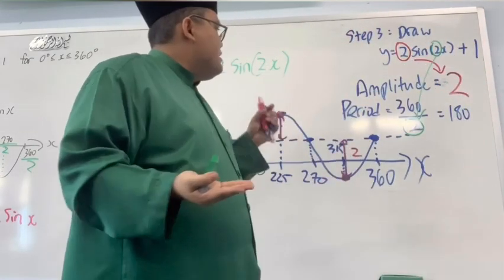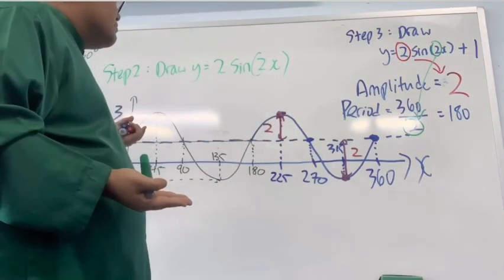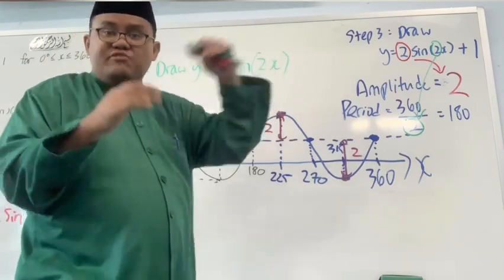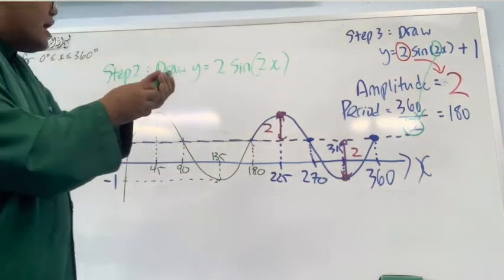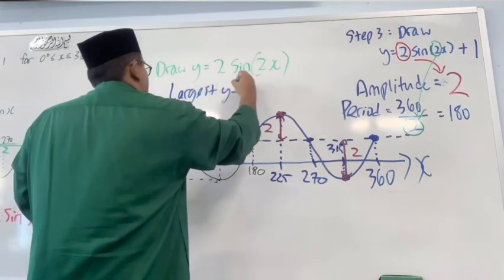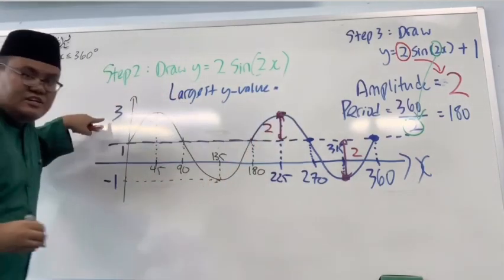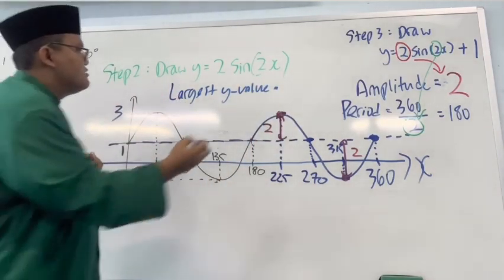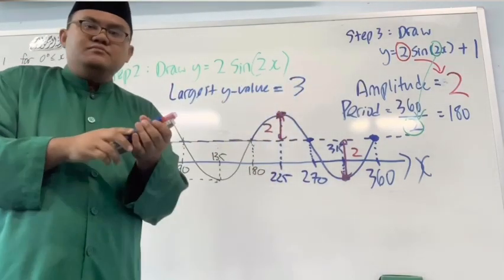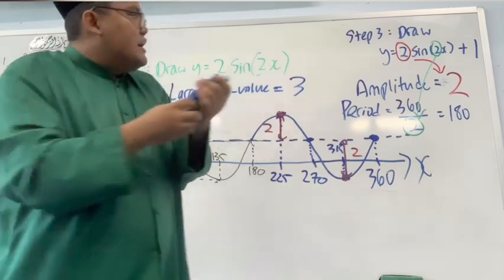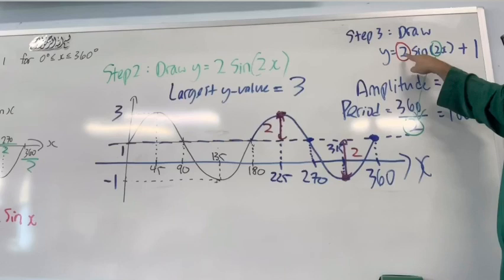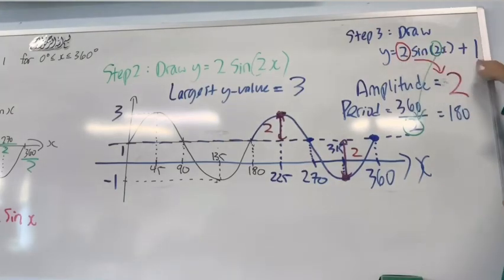What's left? Period, amplitude, and what is the highest point, the largest y value, and the smallest y value. Over here, the largest y value is 3. But how to know that without looking at the graph? By looking at the equation. 3 came from 2 plus 1.